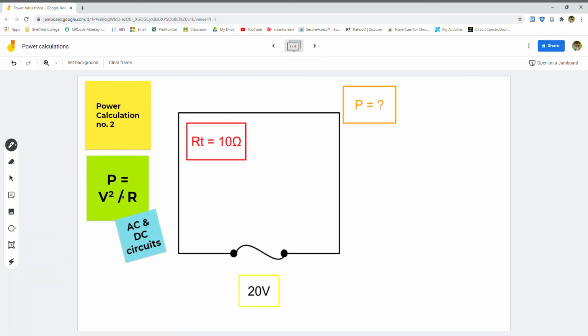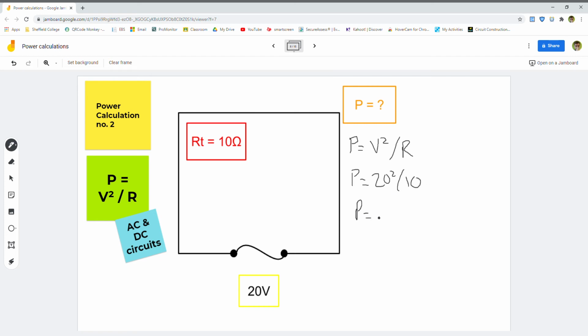The second one is P equals V squared over R. So this one applies to AC and DC circuits. For ease's sake, for the AC, I've drawn this wavy line which normally represents an AC circuit. So it's P equals V squared over R. P equals, so V squared is 20 squared divided by R, divided by 10.